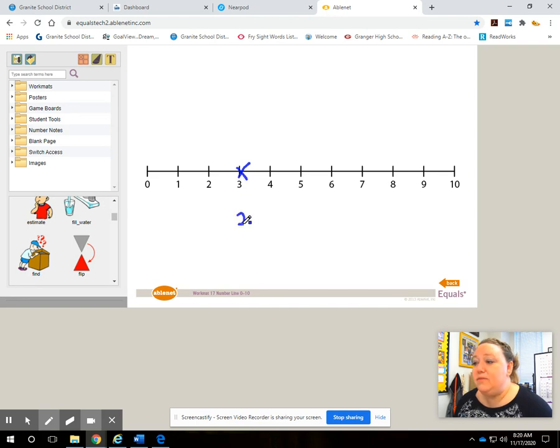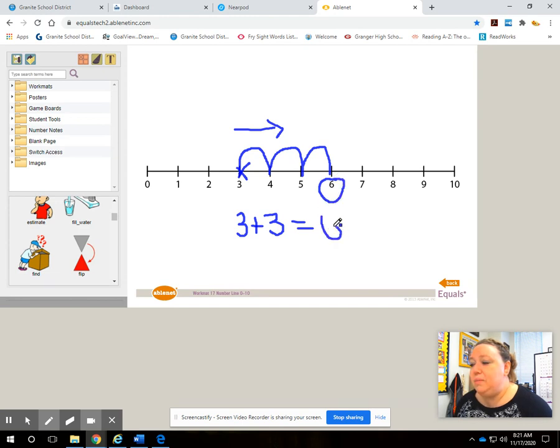So I have 3 plus 3 is going to equal, right? So I start with 3 and I'm going to add, so I'm going to go this way on my number line. I'm counting on 3, 1, 2, 3 spots. And my answer is 6. 3 plus 3 equals 6.